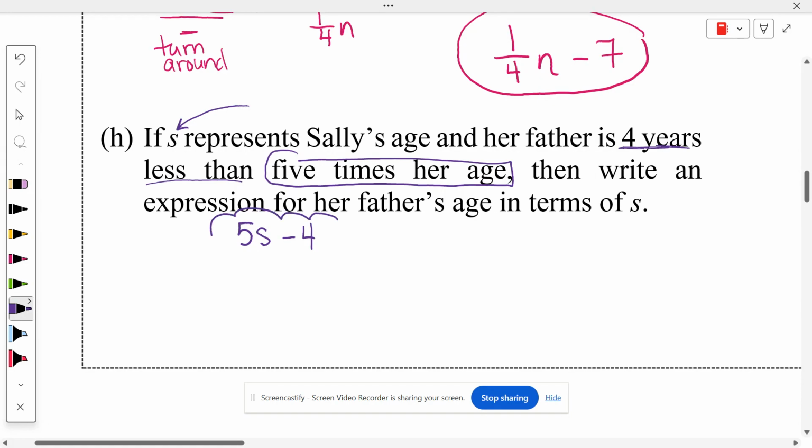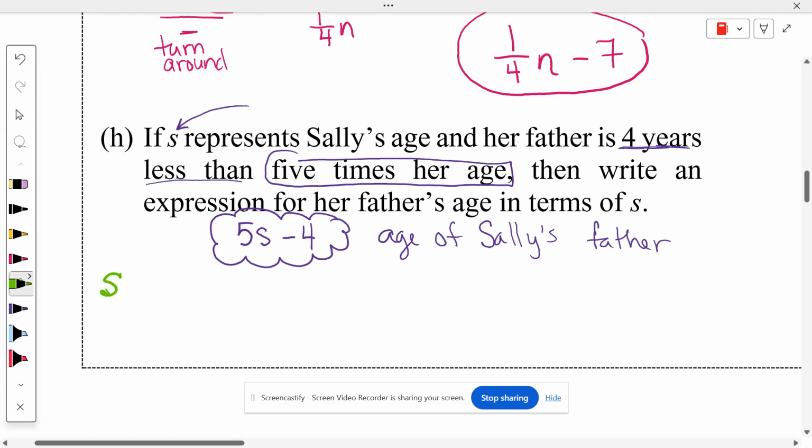So this expression is the age of Sally's father. Let's check that. So if Sally was 10, that would be 5 times 10 minus 4. 5 times 10 is 50. Minus 4 is 46. Is 46 4 years less than 5 times her age? 5 times 10 minus 4?